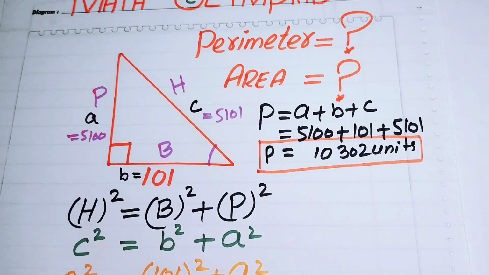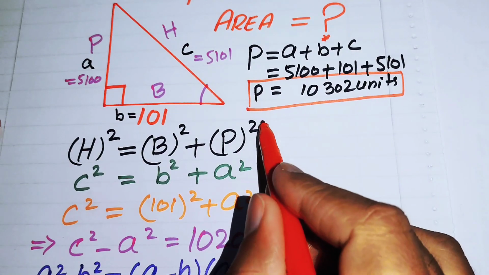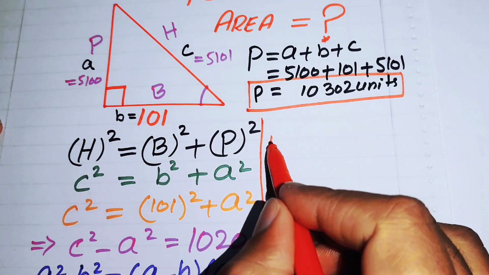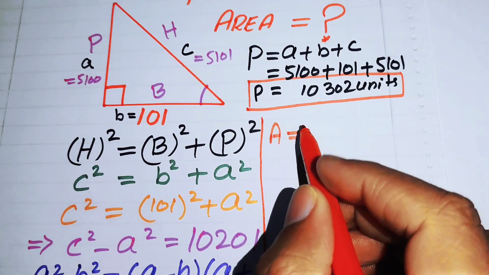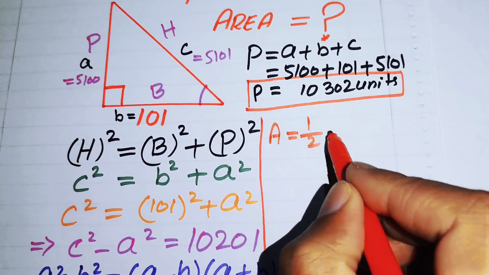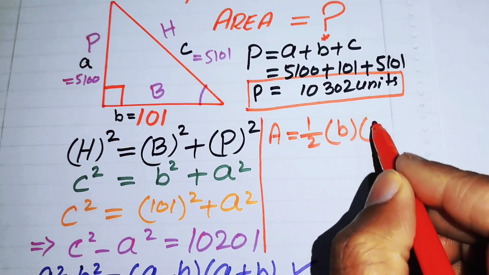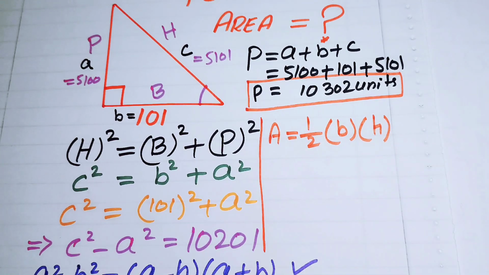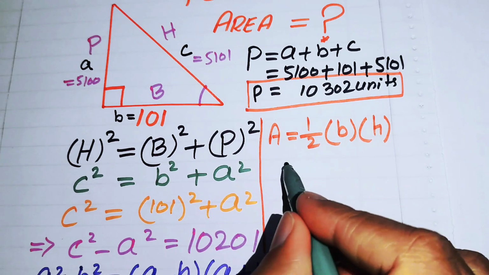In order to find the area we need to use the formula area equals 1/2 times base times height, or base times perpendicular.